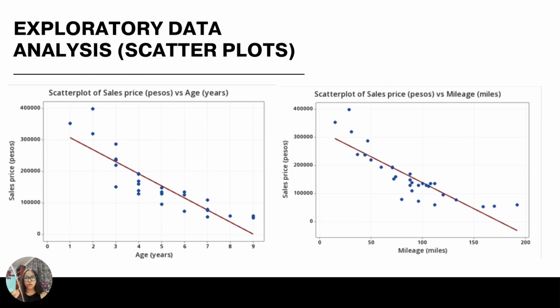This intuitive result sets the stage for a regression analysis, and just as I said before, if the car keeps on aging and the mileage keeps on increasing, the price is going to be decreasing.